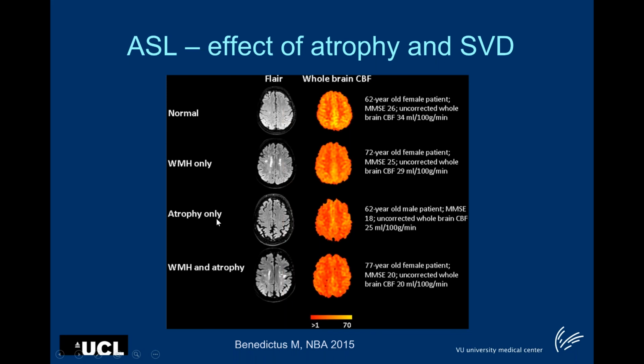So atrophy has a stronger effect on the brain perfusion than these ischemic lesions. But the worst perfusion is seen in people who have a combination of atrophy and cerebrovascular pathology. So again, this comes back to my earlier point that we have two different types of pathologies that can both affect the brain, ischemic and neurodegenerative pathology, and they have an independent effect on perfusion, but also on cognition.